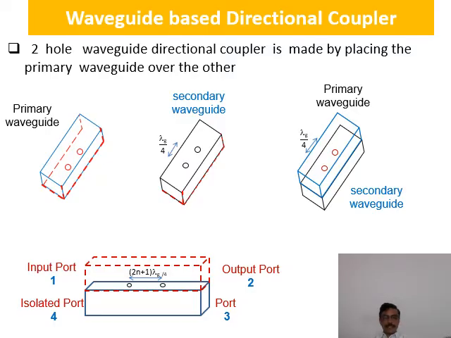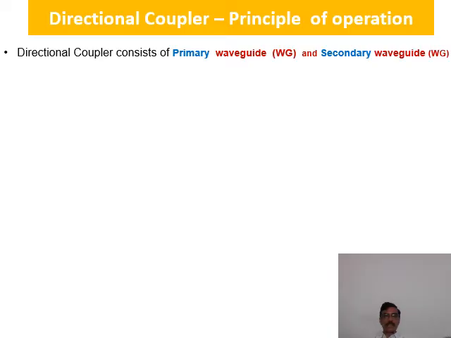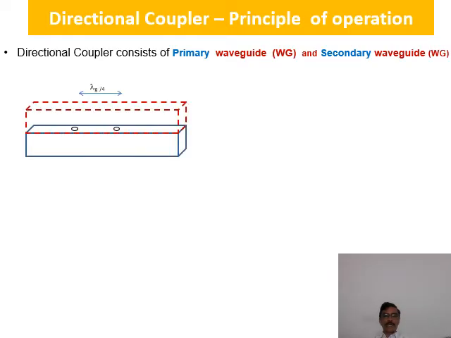Next we see the principle of operation of the waveguide based directional coupler. In the last slide, we have seen how a 2-hole waveguide based directional coupler is made. In this slide, we will see the principle of operation. So this is the 2-hole waveguide based directional coupler.